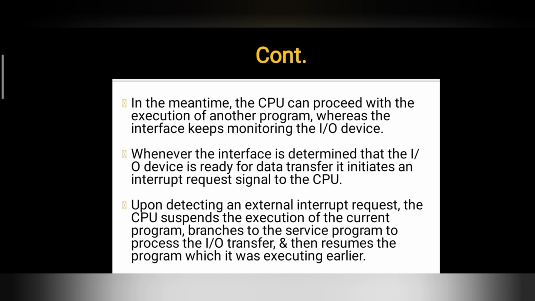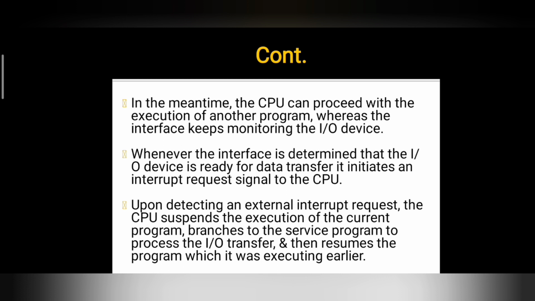So the CPU is freed from its regular monitoring of the IO device, and now it can proceed with the execution of some other program. Now, whenever the interface determines that the IO device is ready for data transfer, it is going to send an interrupt request signal to the CPU. Upon detecting an external interrupt request, the CPU is going to suspend its execution of the current program.